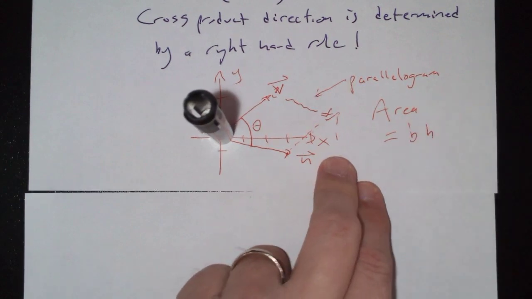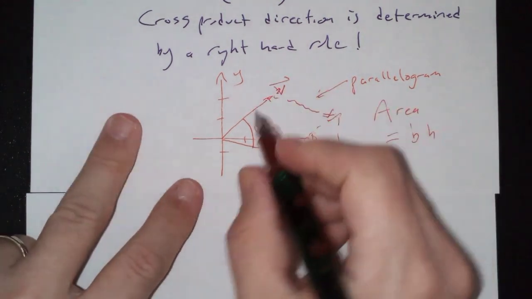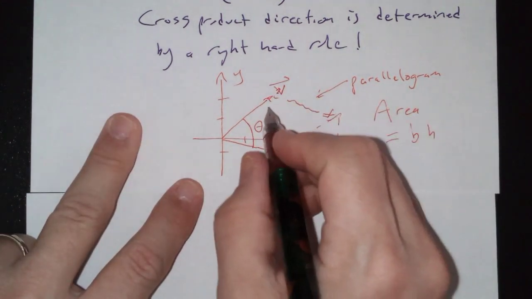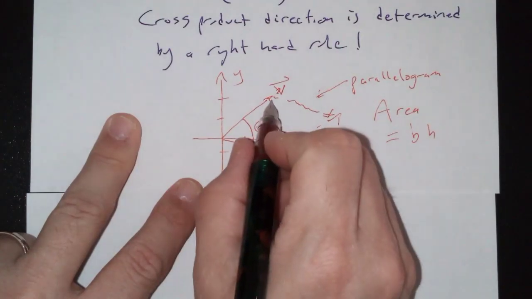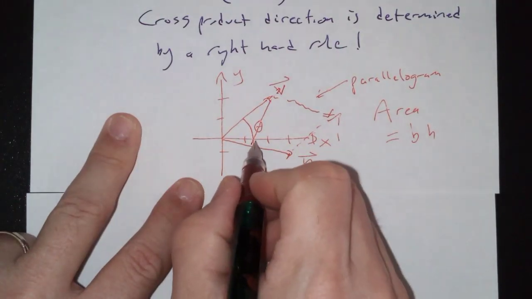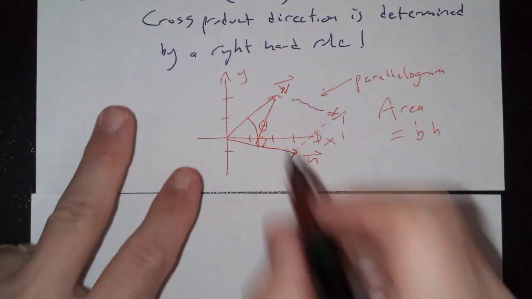Base times height. Problem. Where's the height? Uh-oh. Where's the height of this parallelogram? Well, I've got to go from one side to the other. So I need to draw a perpendicular line. There. That's the height.